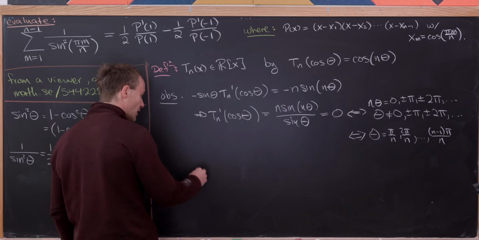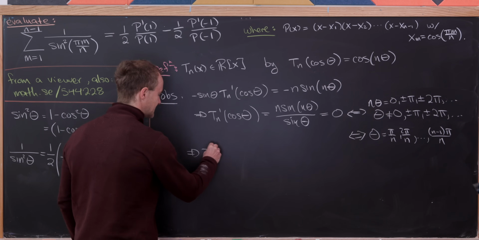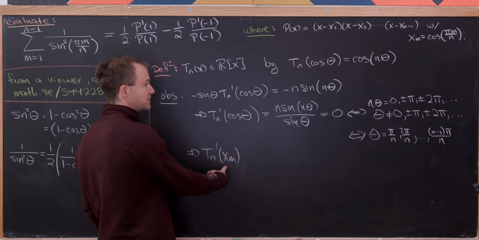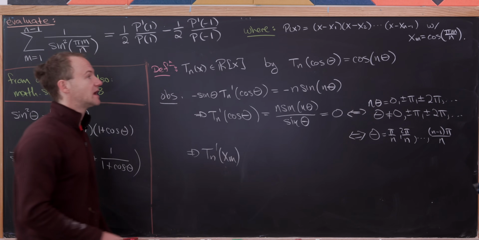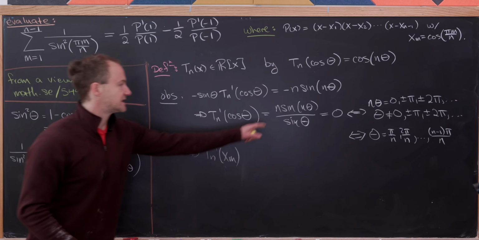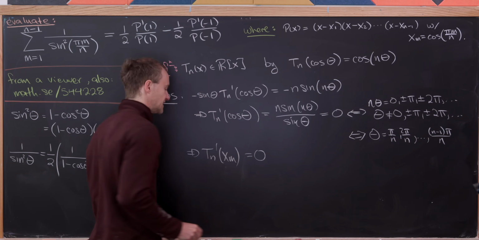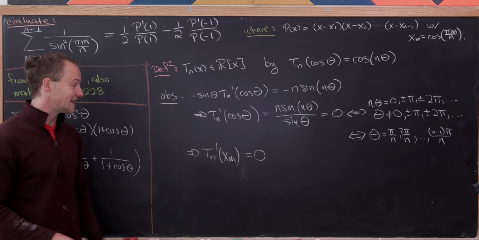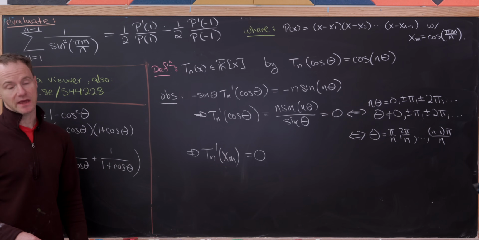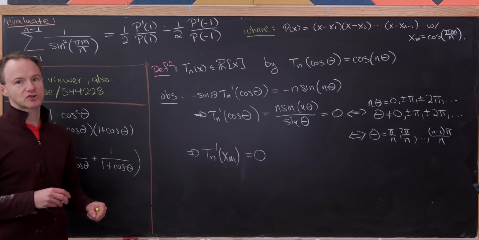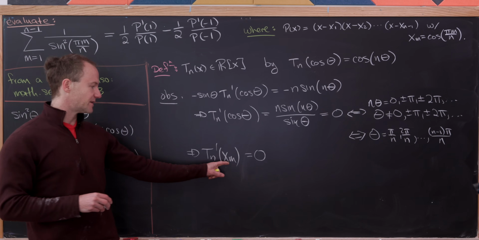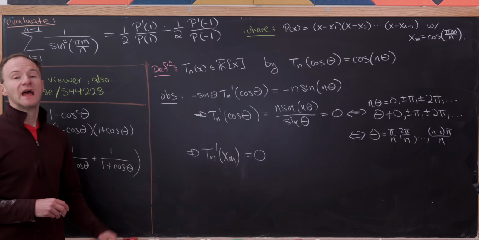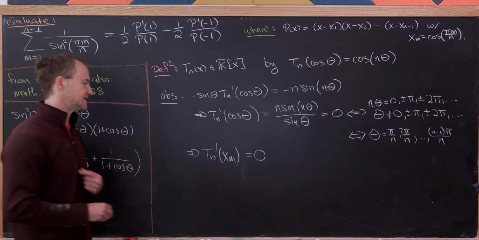But really the takeaway here is that T_n prime evaluated at x_m, that's the same thing as plugging in pi m over n into this formula, which will give us 0. So in other words, all of these x_m's are zeros of T_n prime. In fact, and we won't show this, x_m makes up all of the zeros of T_n prime, and there are no repeated zeros.